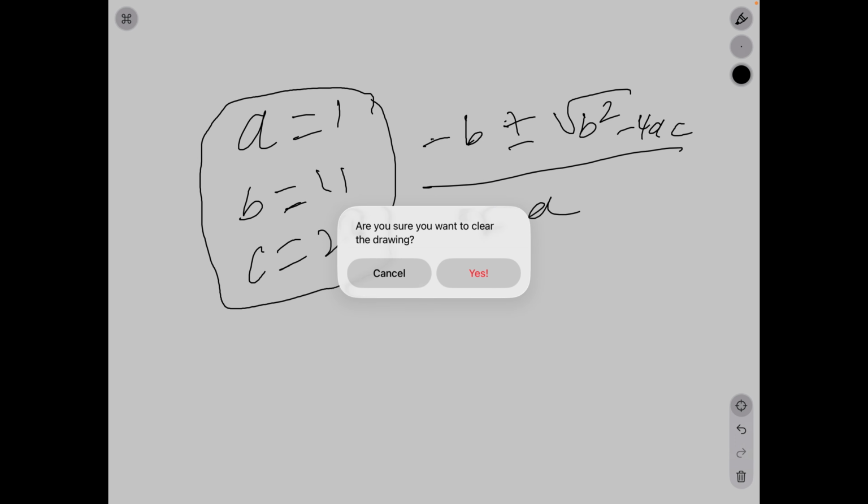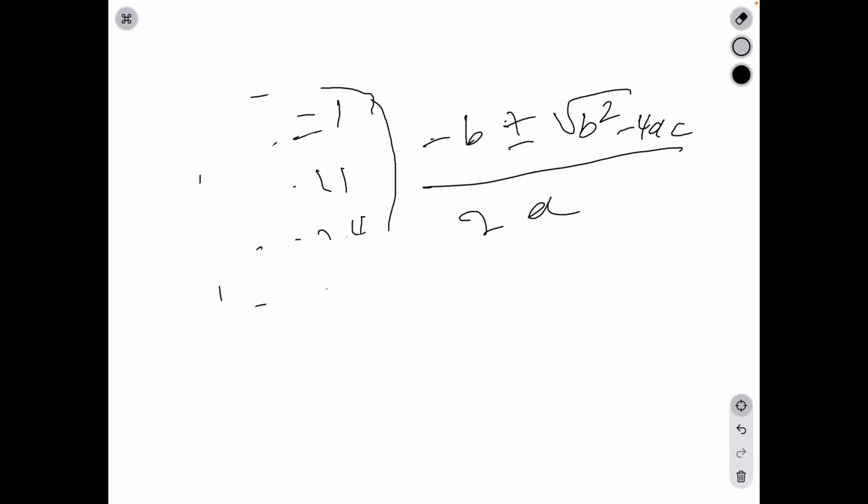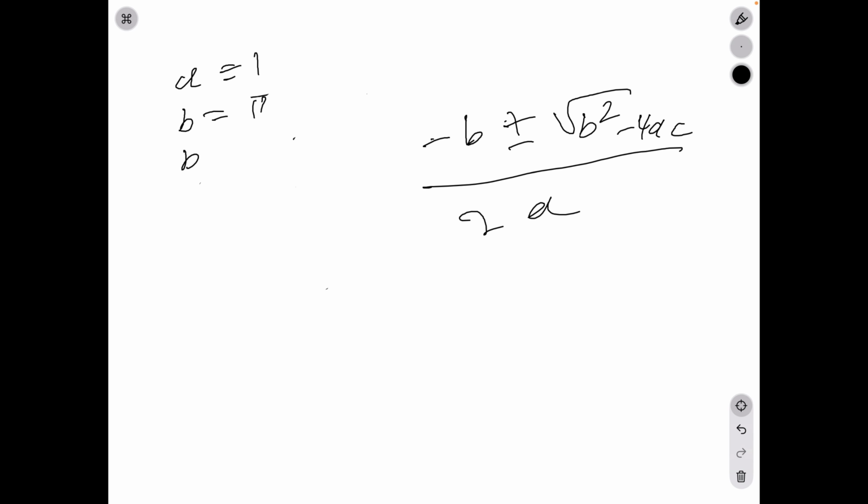A equals 1, b equals 11, and c equals 24.